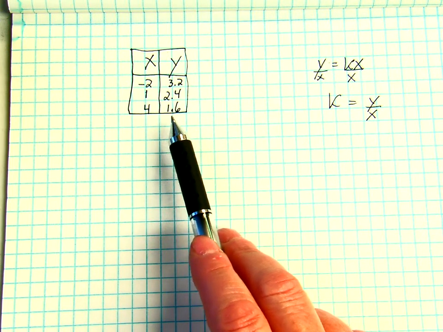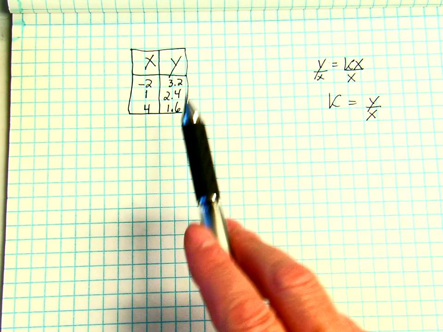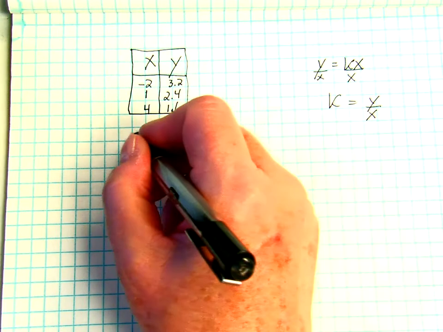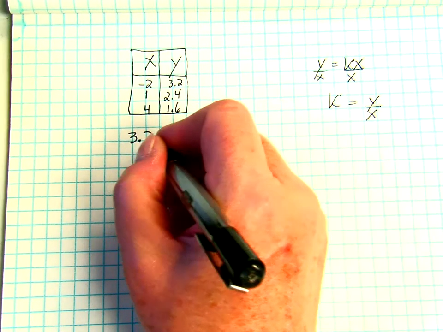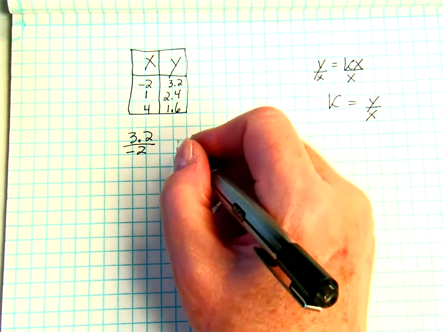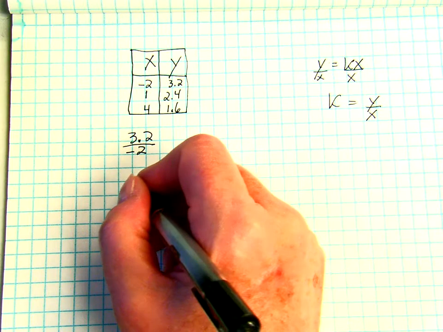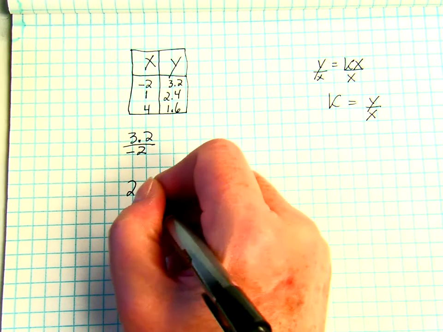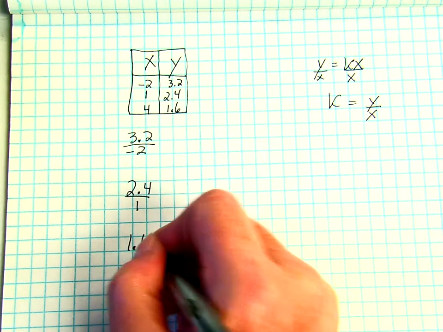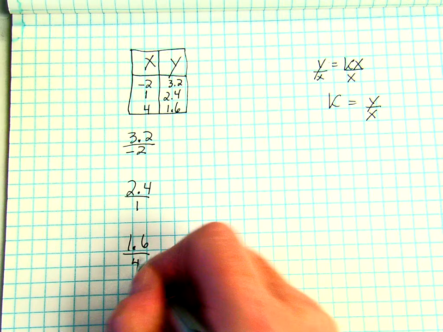Okay? So in each case, my first one is 3.2 divided by -2. And then I have 2.4 divided by 1, and then I've got 1.6 divided by 4.